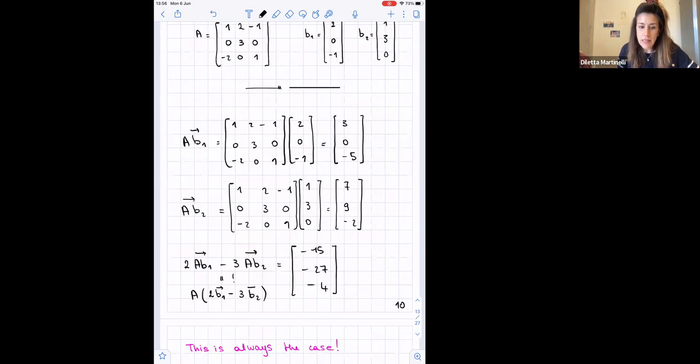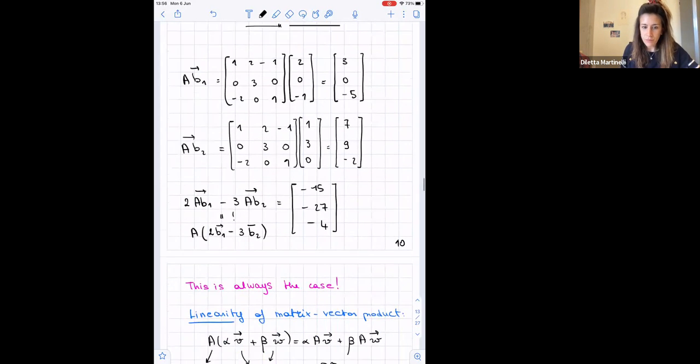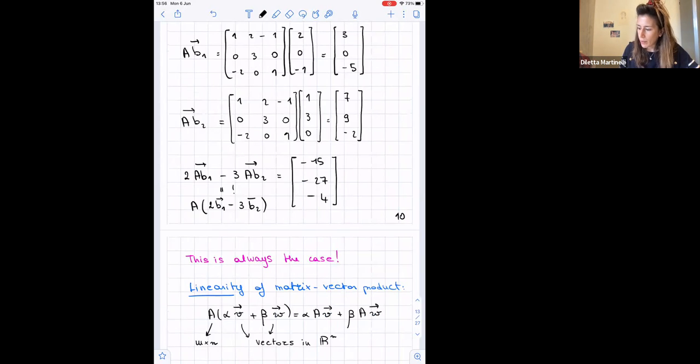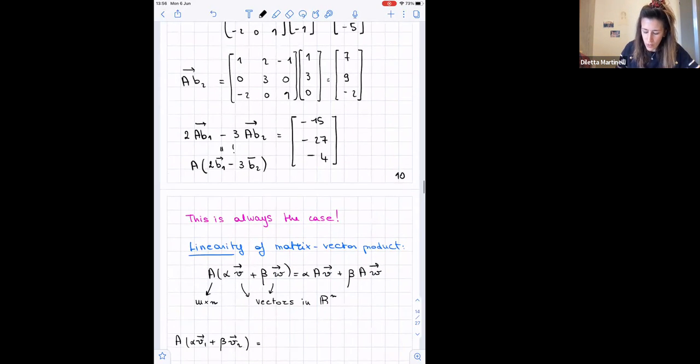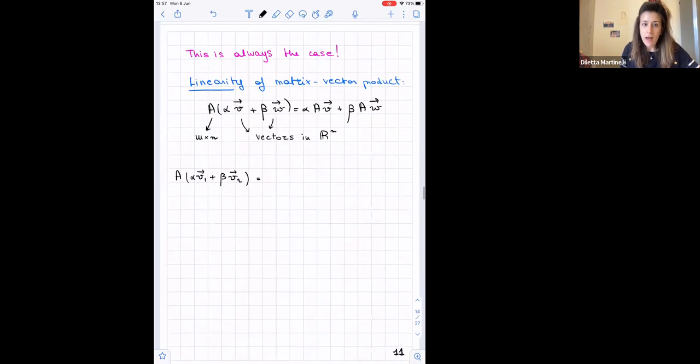This is the property called linearity of the matrix vector product, and we could try to prove it together. We want to prove what happens when you multiply a matrix by a linear combination of vectors. A linear combination means that we take two vectors and multiply them by two scalars.